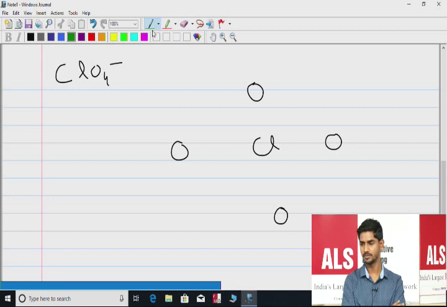Eight bonds. I think electrons will be 8. Bonds should be 4. See? There must be 3 dative bonds. This one will be a double bond.